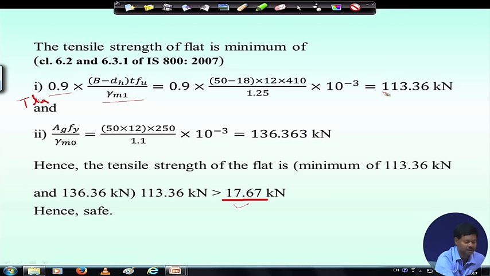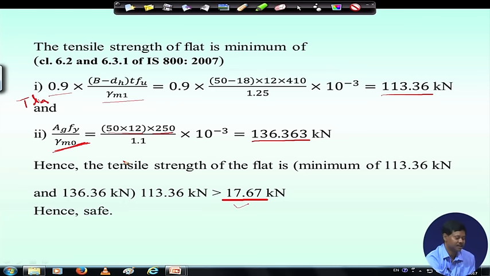So, after putting this value, we can find out the Tdn value as 113.36 kilonewton, and similarly the Tdg value, that is strength due to gross yielding of the section, that is Ag fy by gamma m0, and by putting the gross area as 50 into 12, which is b into t, and fy, then we can find out the Tdg value as 136.363 kilonewton.